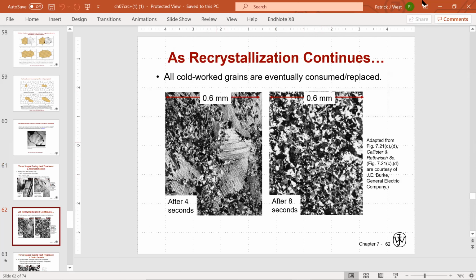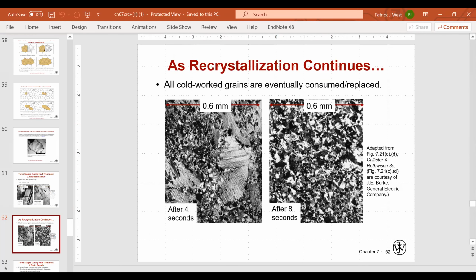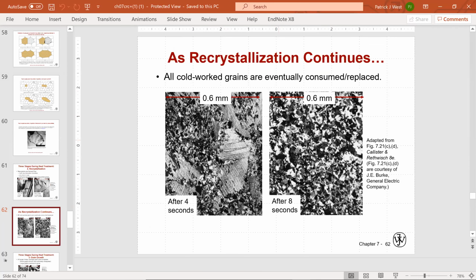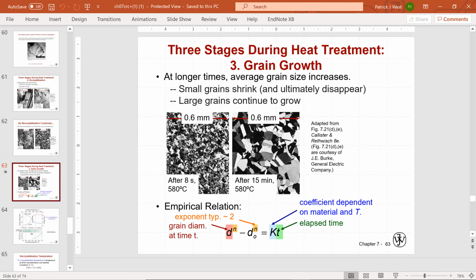So yes, that was a little bit of a long-winded answer to your question, but there is a grain size before, however it's not the target, so we kind of just ignore it in terms of this graph. And then after 15 minutes here, we see these grains grow in the grain growth region, and these grains become very large.